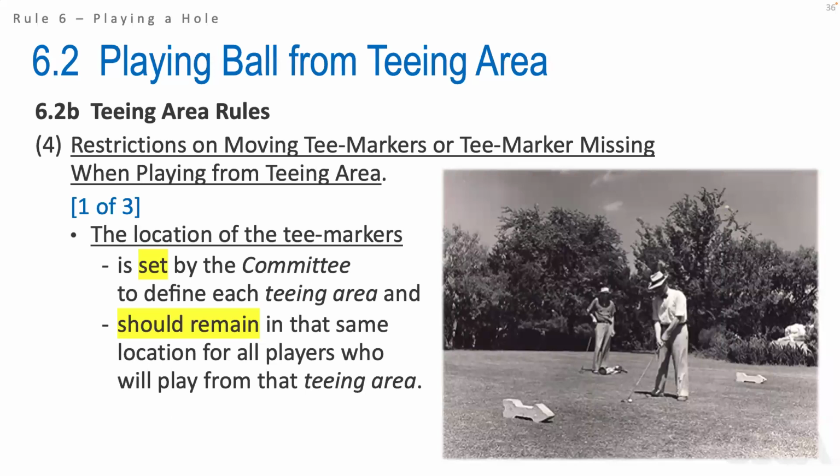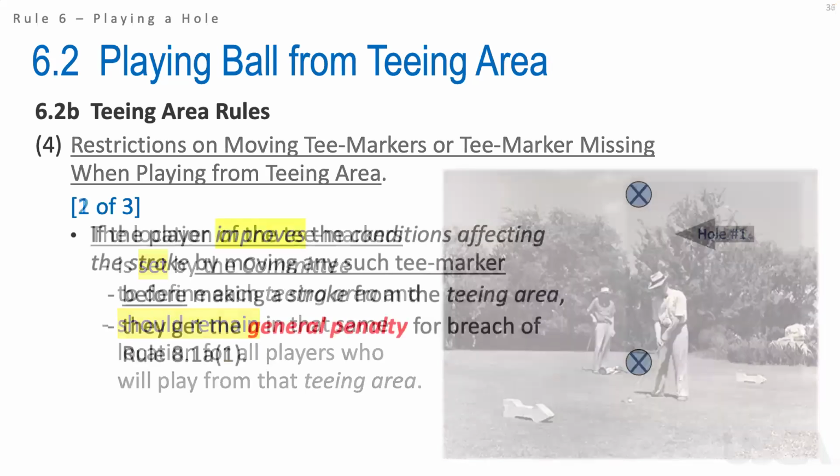They should remain that way for all players who will play from that teeing area. We say should because it will protect a player who didn't move the tee marker but plays from the correct area. I know that happened with us. A tee marker got moved and the players still played from that same area after it was moved.